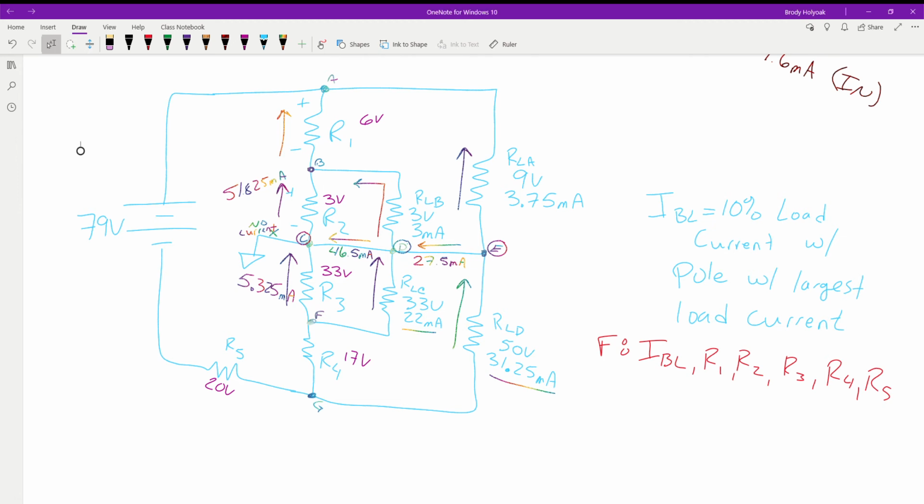Jessica, so now we can go a couple of different directions. We can jump down to node F, we can jump up to node B, or one of those two places. Where would you like to go from here? To B? Okay. So at B, we have what current's going where?